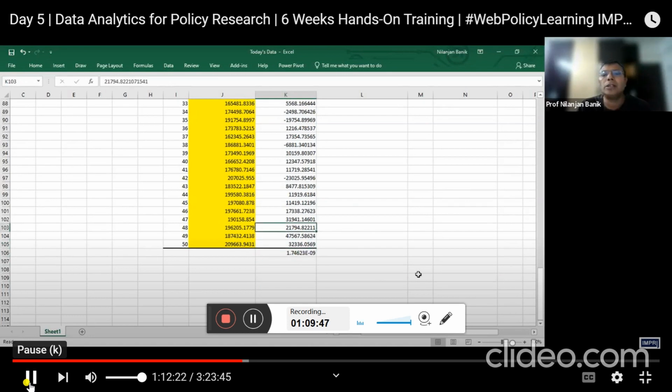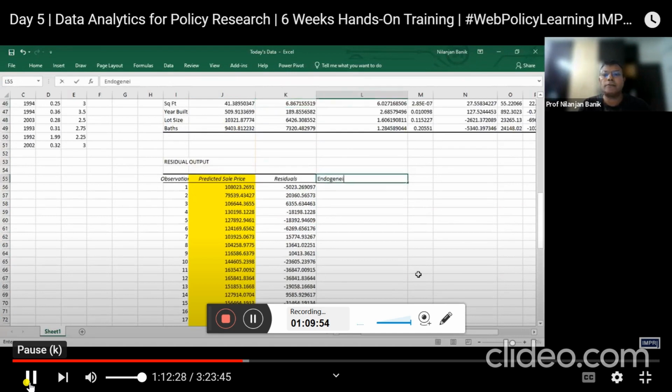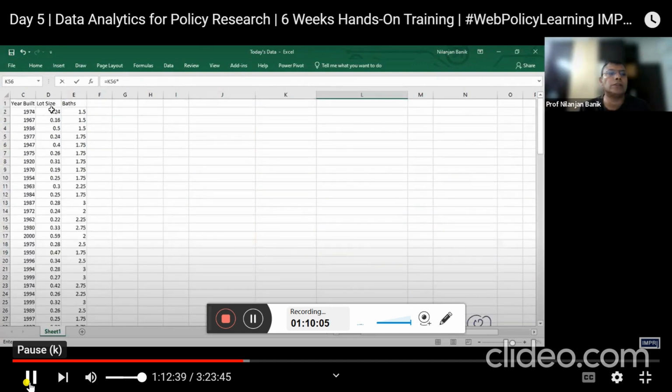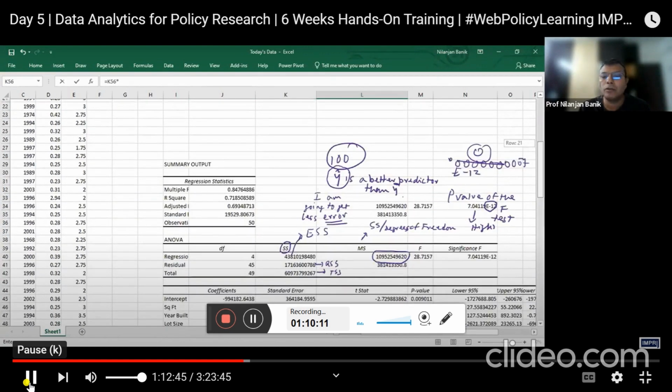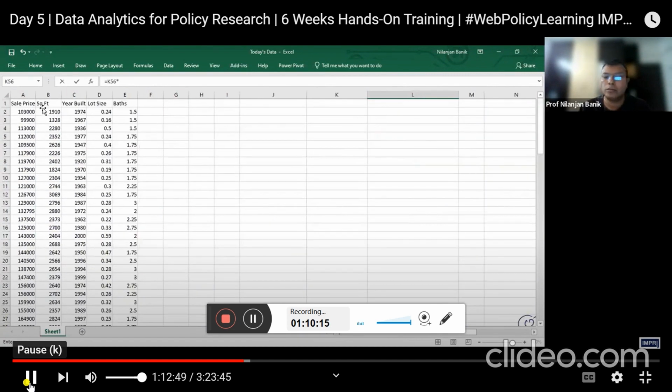Now let's try to check for the endogeneity. For doing that, you can choose any x. Let's try to choose one of the x. Which one of the x is statistically significant? Square fit is highly statistically significant. I'm going to come into that in a moment, but before doing that, let's do this. So I'm converting the data.